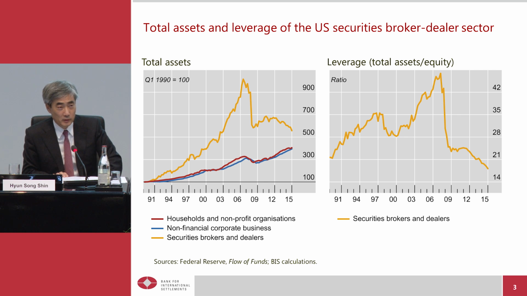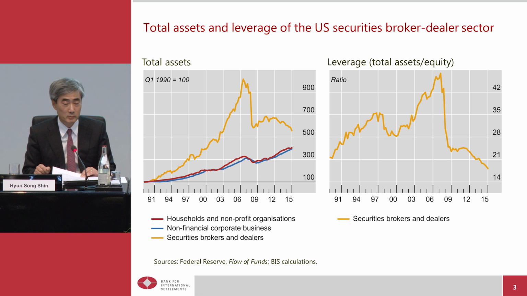If we think back to the period before the crisis, we still have fresh memories of the ample liquidity provided by financial intermediaries in the run-up to the crisis. Let me illustrate that with these two charts. The left-hand chart shows you the total assets of the US broker-dealer sector, that's the line in yellow, scaled to 100 at the beginning of 1990.